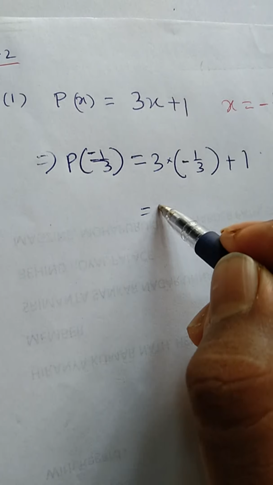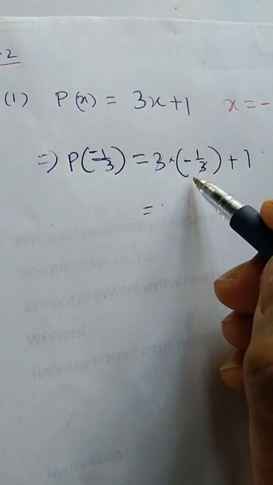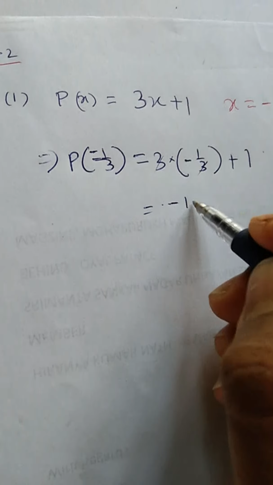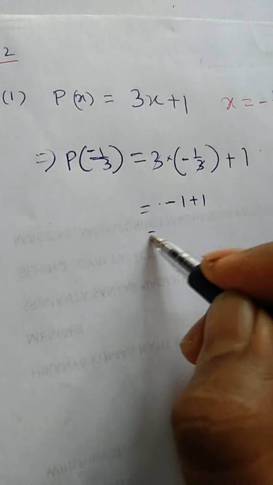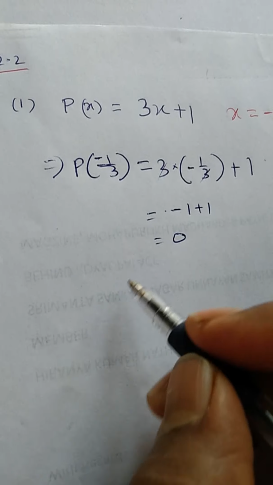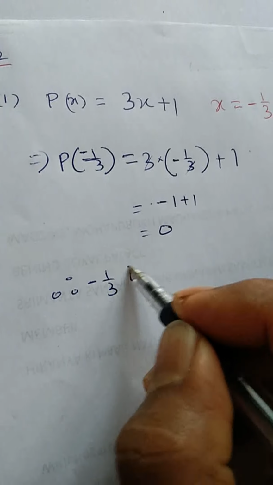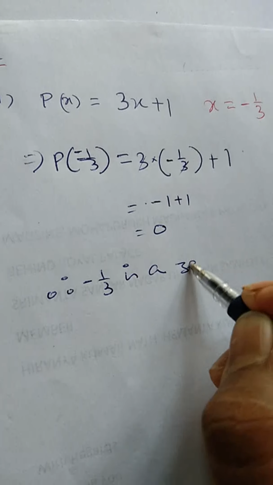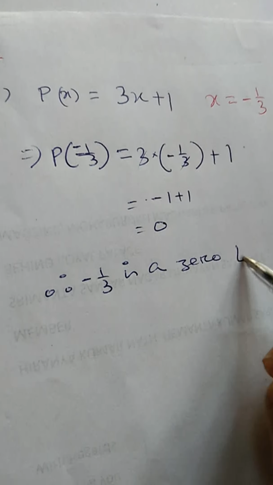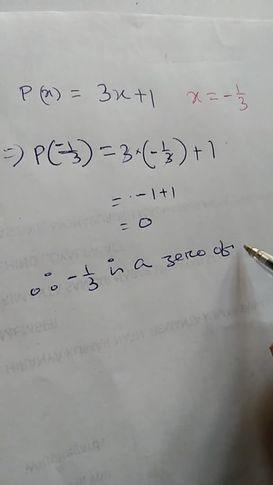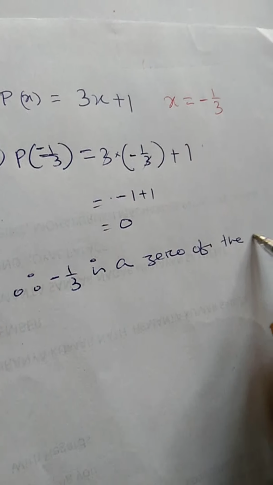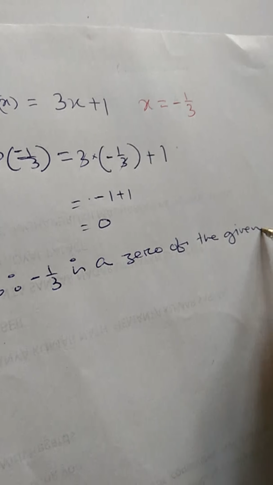So simplifying, this 3 will be cancelled out, minus 1 left plus 1, so equals 0. So then we'll write, therefore minus 1 by 3 is a zero of the given polynomial.